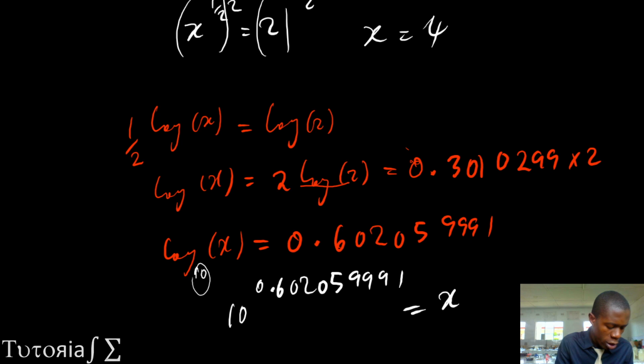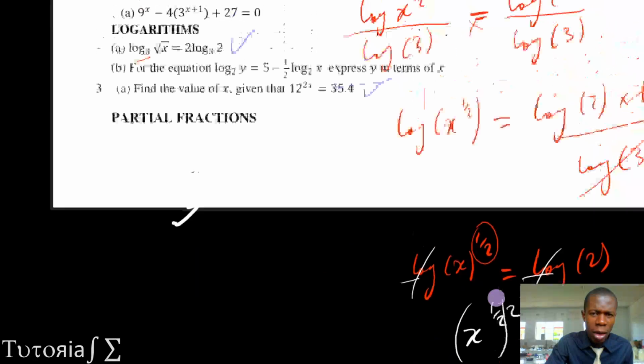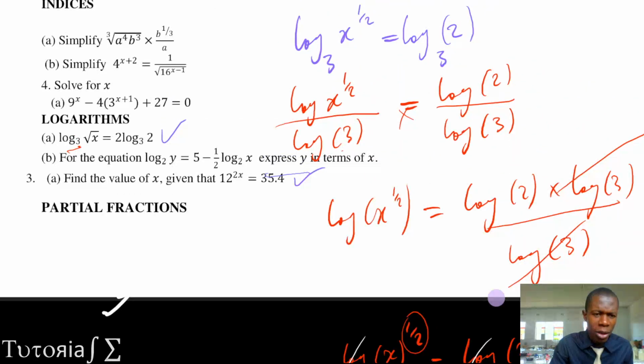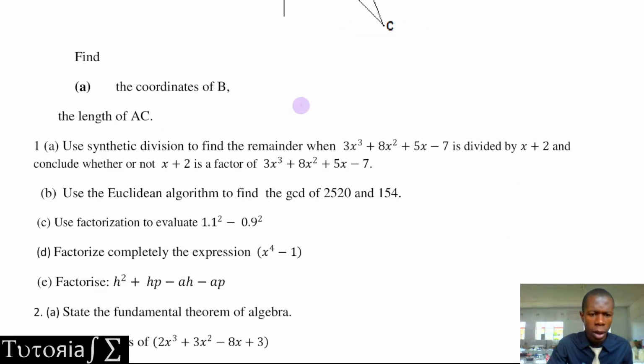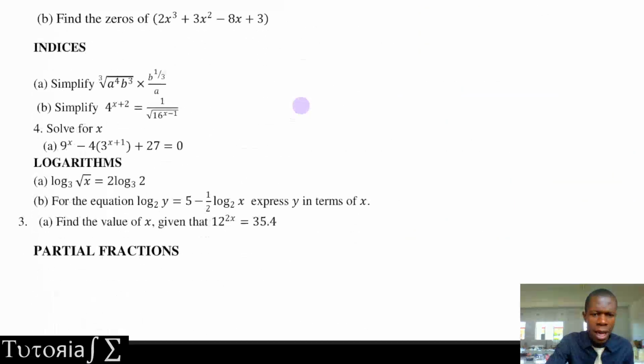So 10 raised to the power that will give us 4. So we see that we're going to have x equal to 4. Okay, so you can try it yourself. So that is how you're supposed to approach this question here. That is question A here. Okay, so that is question A.